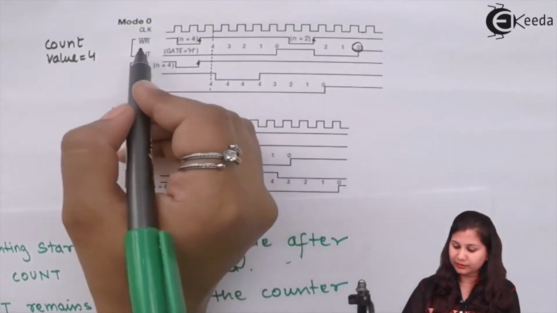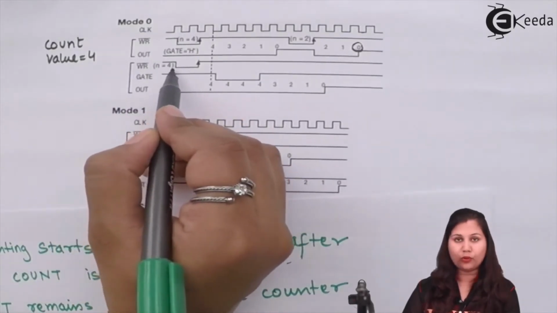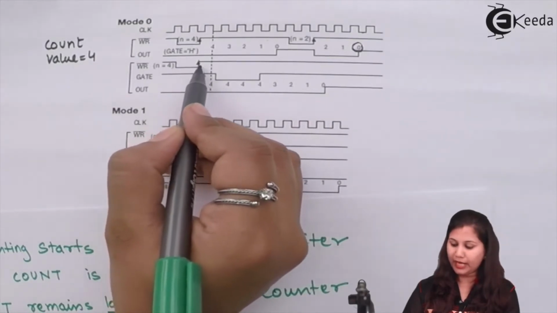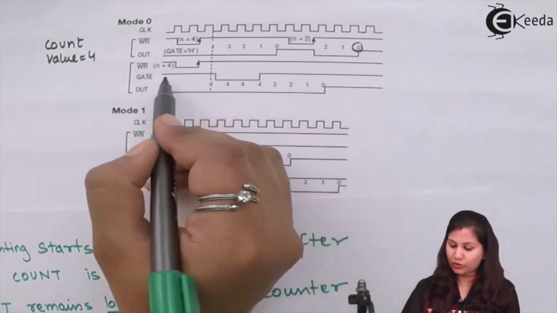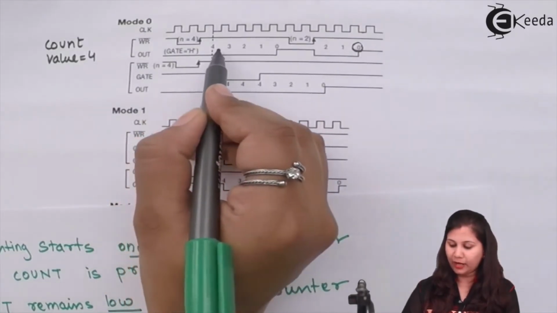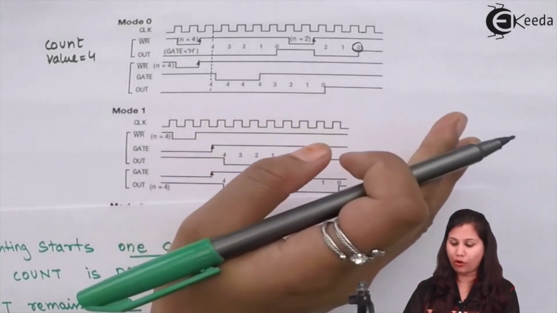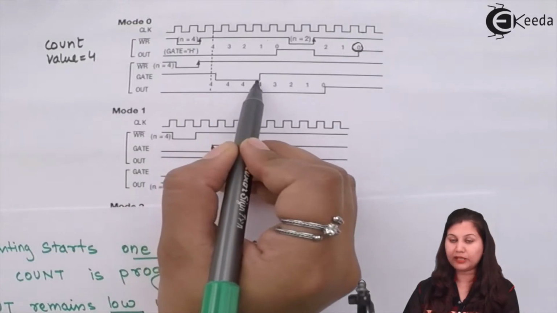Now there is another example where again the count value 4 is loaded into the counter, and after one clock pulse the counting has started. The gate signal was initially high, so when it is high the counting goes on in its normal way. But here this gate signal has become low.